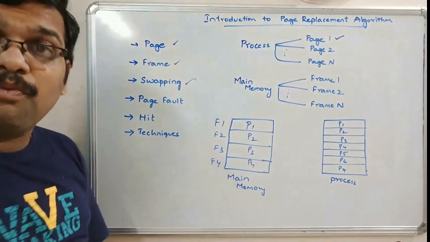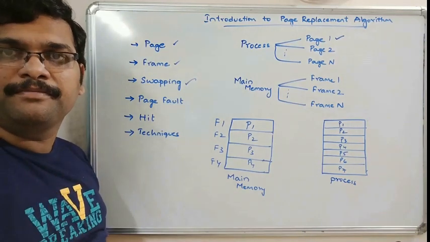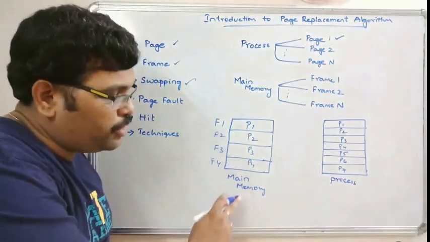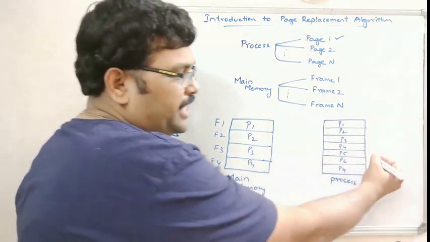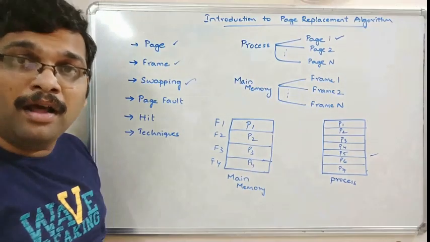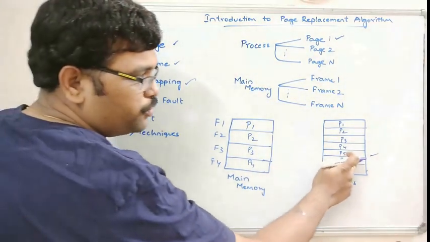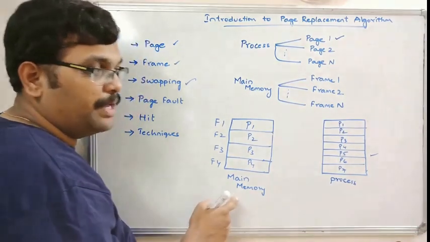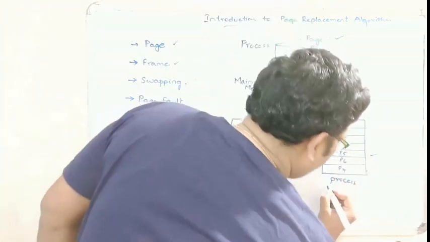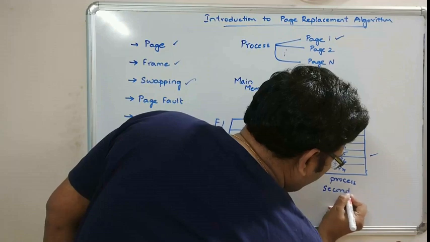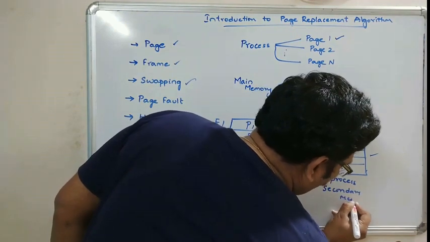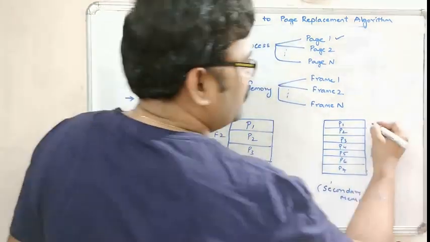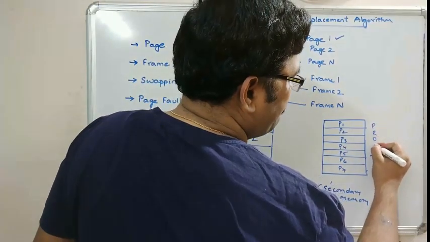Now the processor wants to execute page 5. This page 5 should be loaded from the secondary memory to main memory. This is the secondary memory, and this is the process.